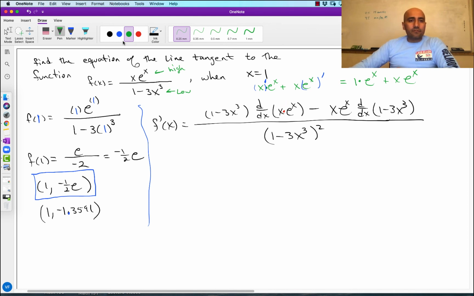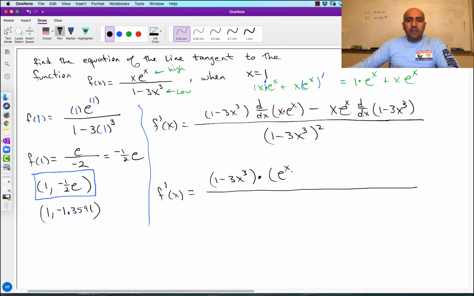Okay, so f prime of x is equal to a giant fraction. We're going to leave this alone. This will be 1 minus 3x to the third power times the derivative of this, which we just discovered is this. So that'll be e to the x plus x e to the x, minus, now we leave this term alone, that's x e to the x, times the derivative of this guy.